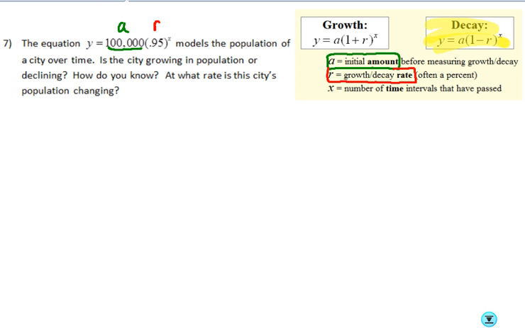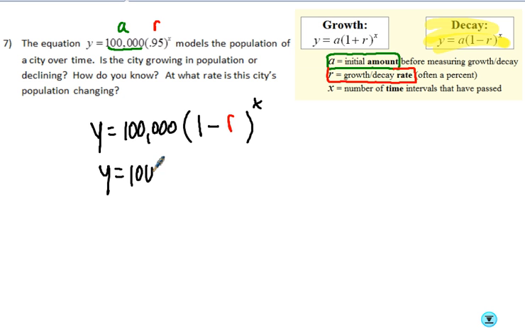So what we're saying is, 100,000, here's your initial amount. And then we're saying 1 minus what, to the x, would give me 0.95? So it's kind of like working the problem backwards in a way.